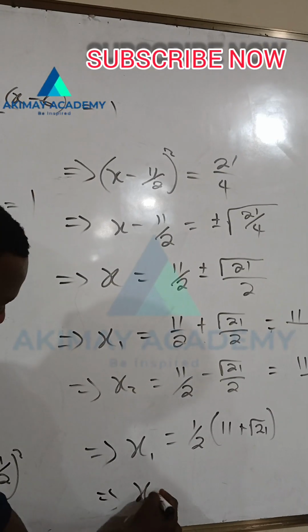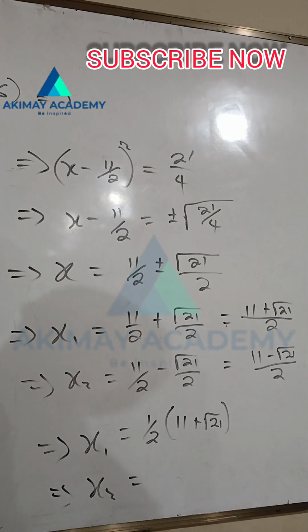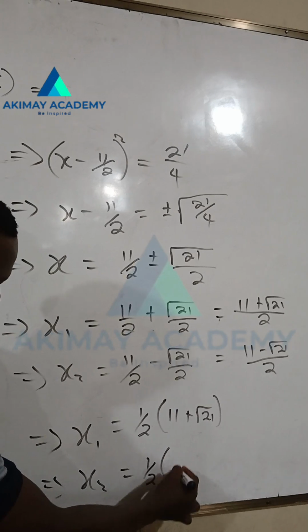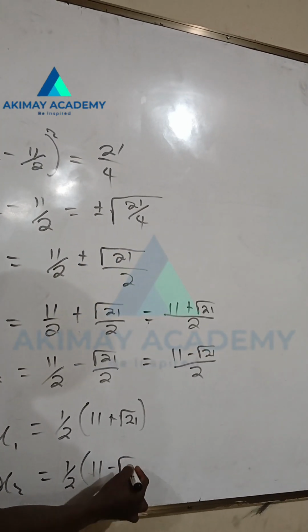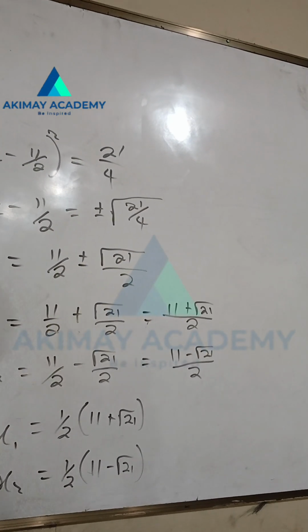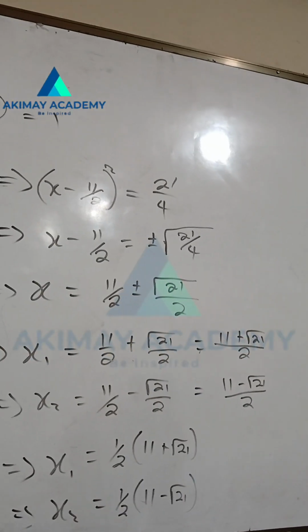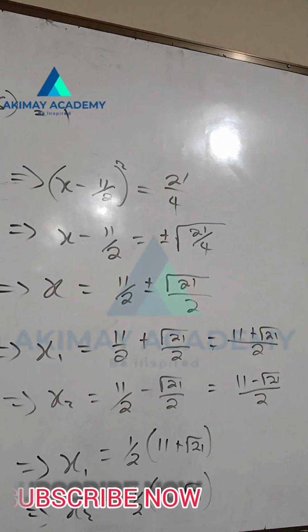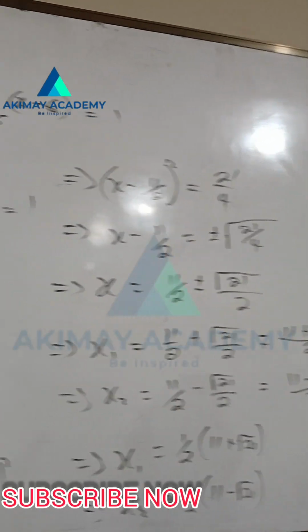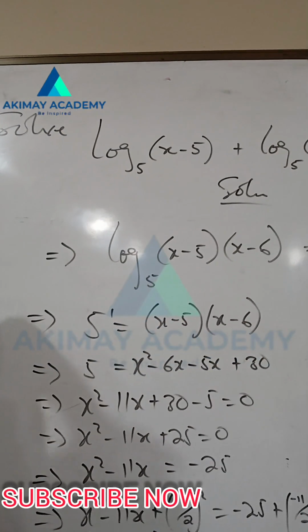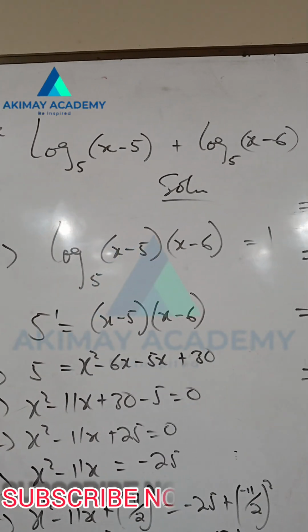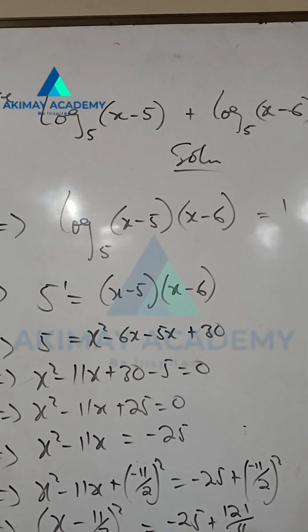Our x2 equals 1 on 2, 11 minus root 21. Okay. So that's what we have, x1 and x2 from this question given.